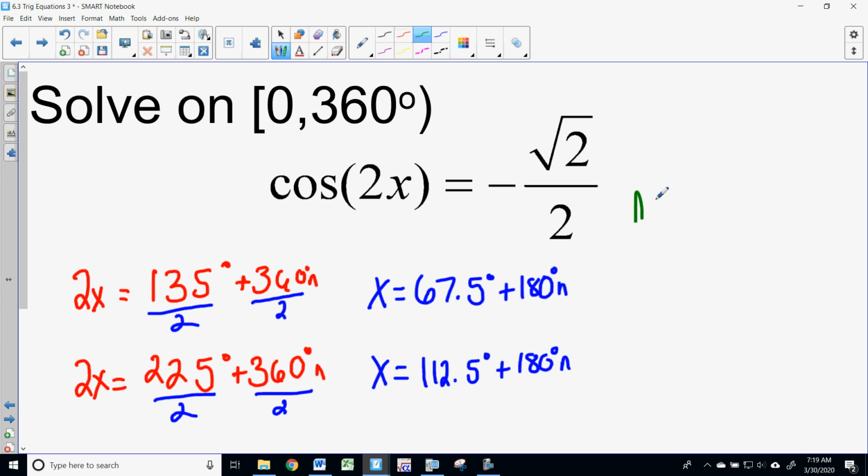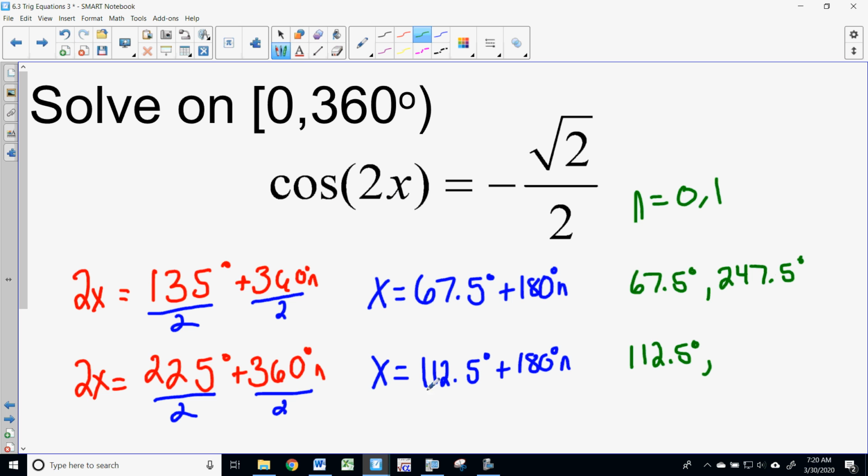So we start when n is 0, and we will get 67.5 and 112.5. So 0 times 180. Then we go to n is 1. So if we put 1 in here, we have 180 plus 67.5, which is 247.5.